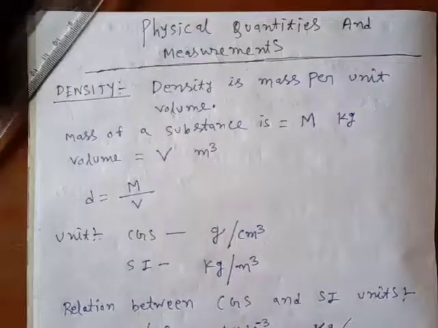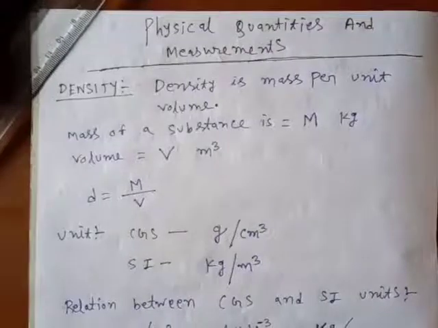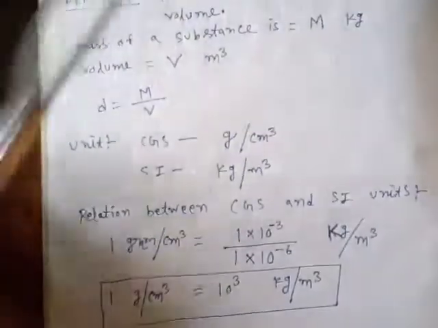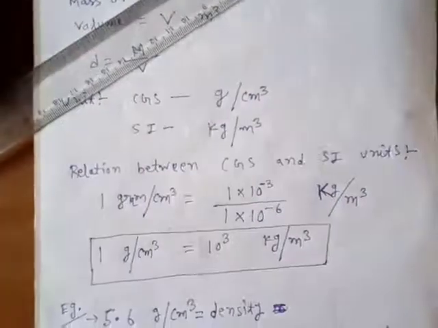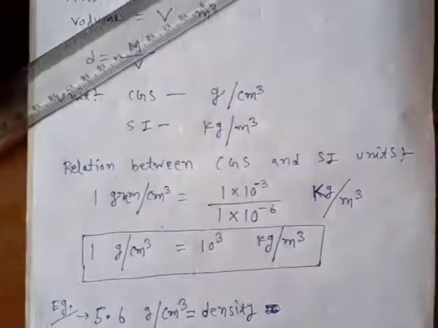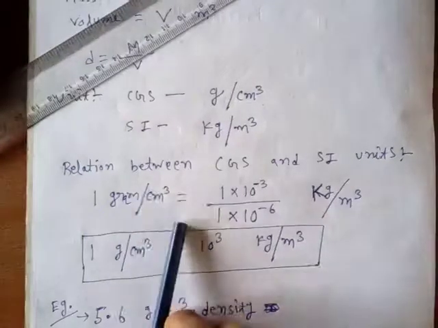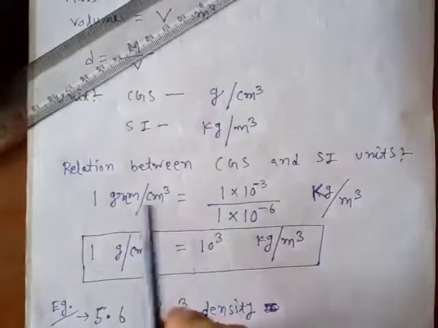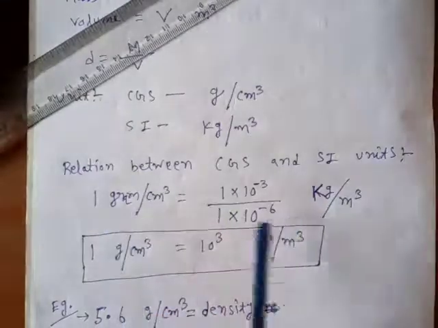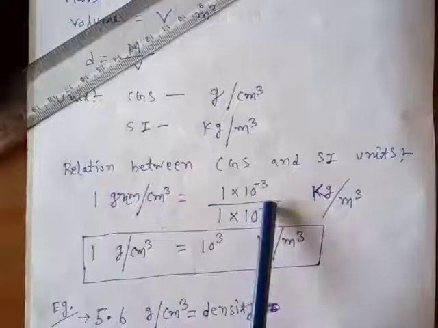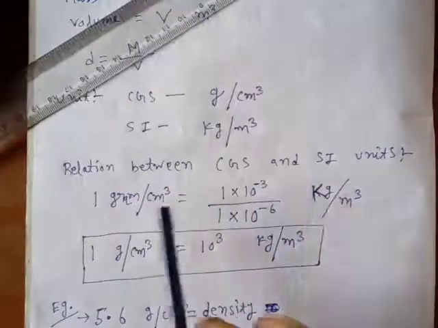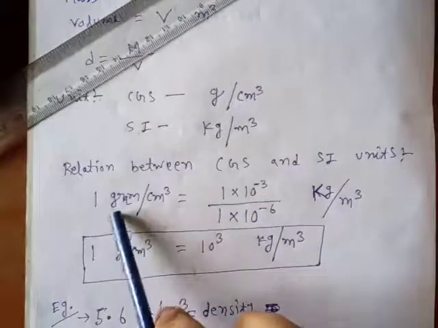Now here there is a relation between the CGS unit and the SI unit of density. 1 gram per centimeter cube is equal to, we have to convert 1 gram into kg, so 1 multiplied by 10 to the power minus 3 kg. I have already converted 1 gram into kg.